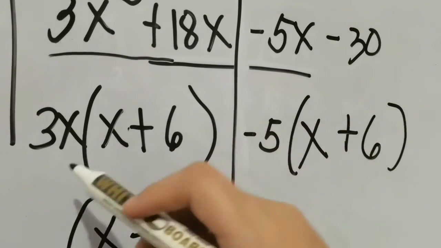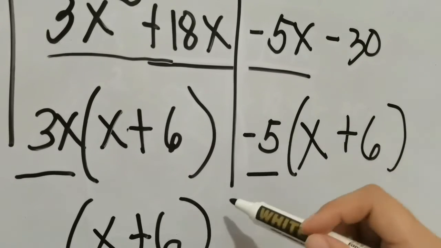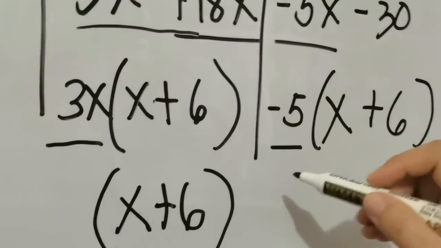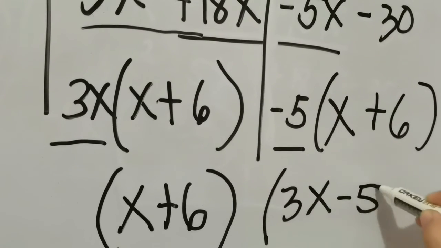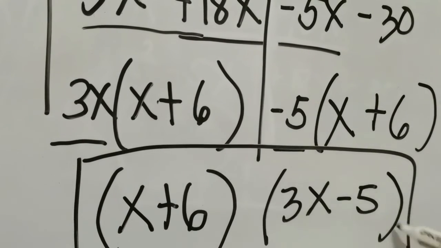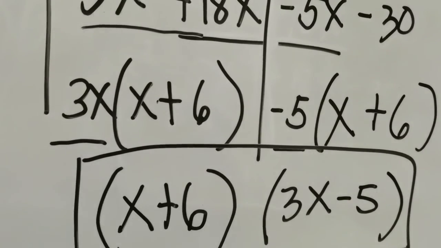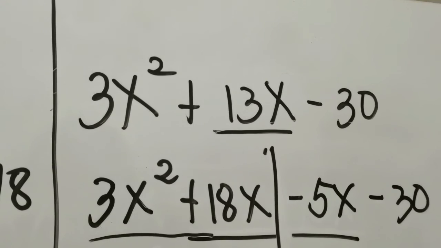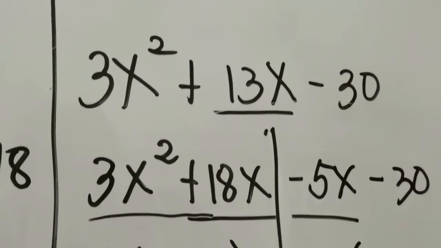And then, pagsamahin natin yung kanilang monomial factor, which is 3x and negative 5. Okay, so x plus 6 and 3x minus 5 are the factors of the given 3x squared plus 13x minus 30.